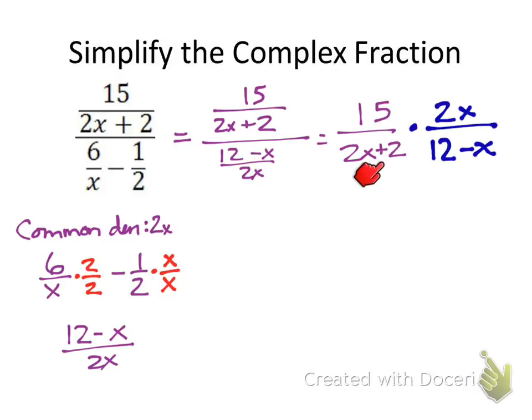Now we're back to the 9.4 stuff. 9.4 was, all right, now we have two fractions multiplied by each other. We need to factor, and then find forms of 1 that'll cancel out or reduce. The only thing I can factor so far is this denominator, so we'll factor it.